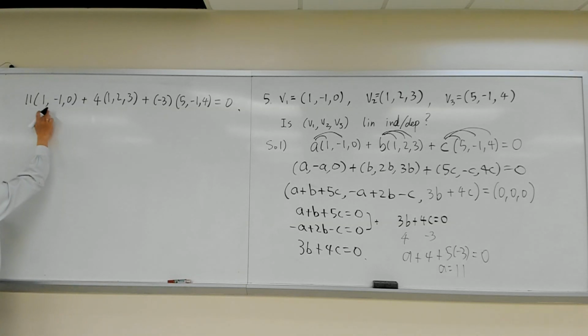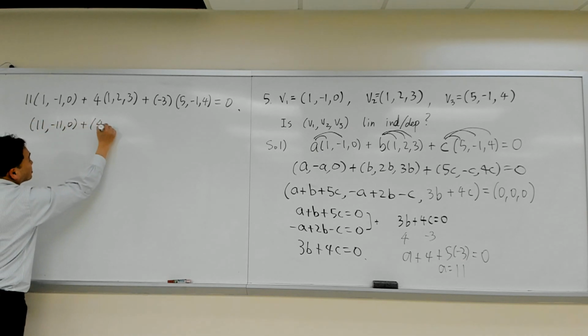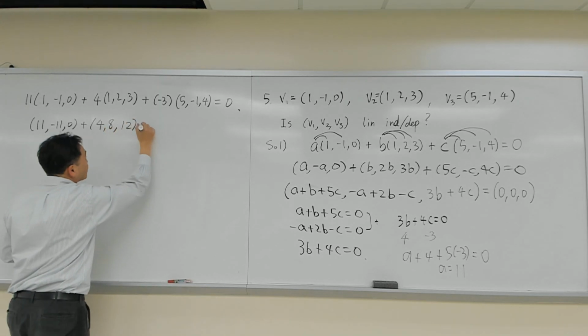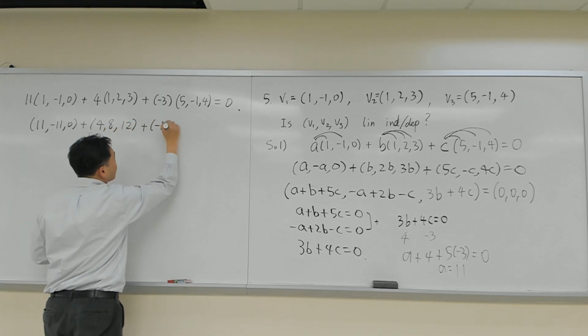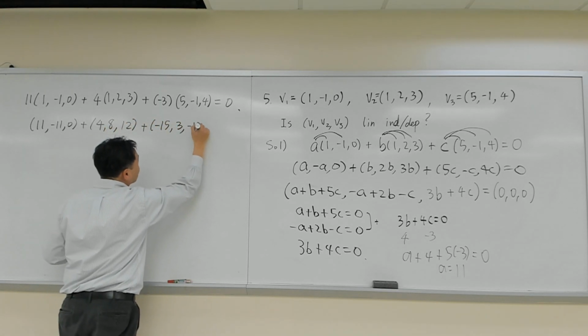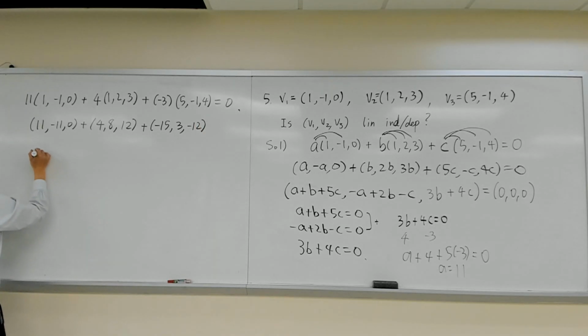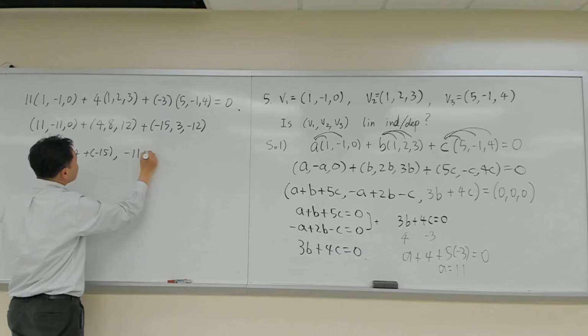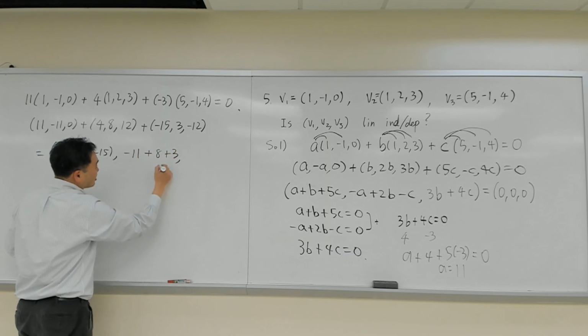So what do you get if you look at the x-coordinates? Well, let's write it. 11, -11, 0, 4, 8, 12, -15, +3, -12, and this is 11 plus 4 plus -15. Oh, that is 0. And -11 plus 8 plus 3, that is indeed 0.